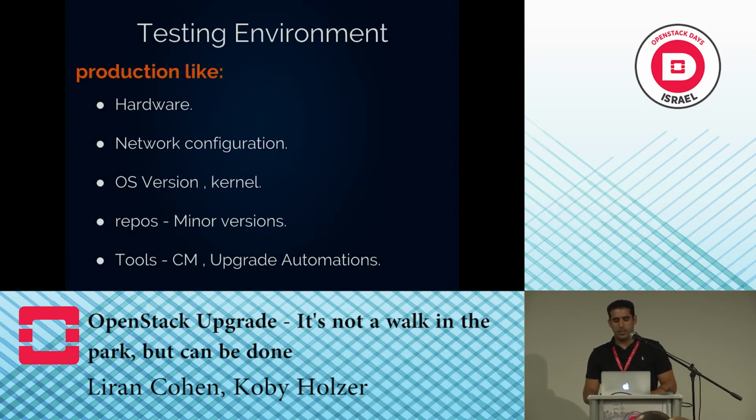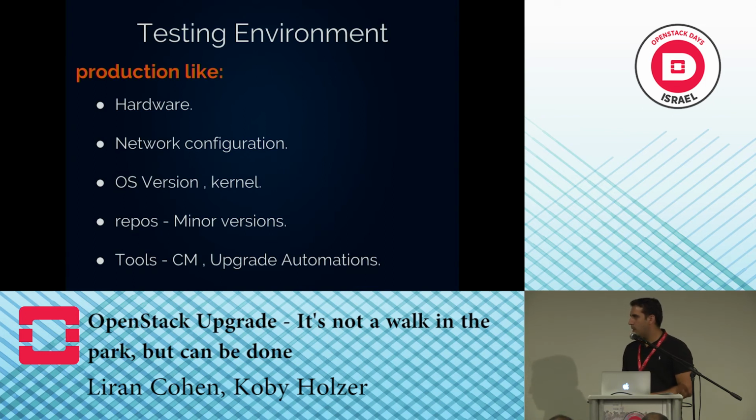Of course, we will use the same network configuration. For the LivePerson use case, we are using, as Koby mentioned, the provider network VLAN, so we will do the same in the lab. We will have the same OS version, the same kernel version, and we will make sure we are mirroring every repository that we are going to use for the upgrade. So at the time of the upgrade, we will have the same packages available.